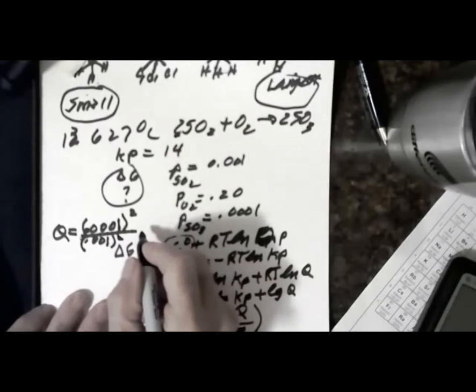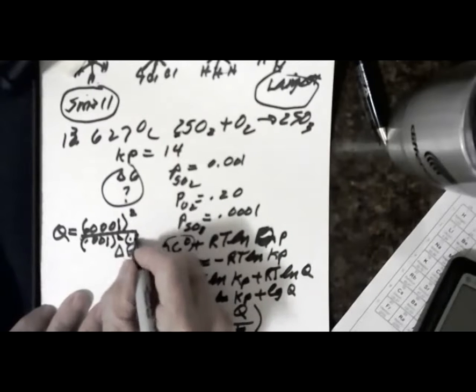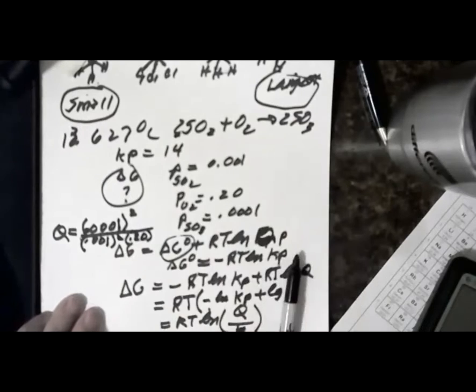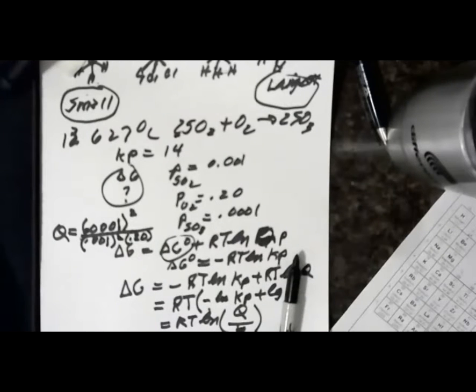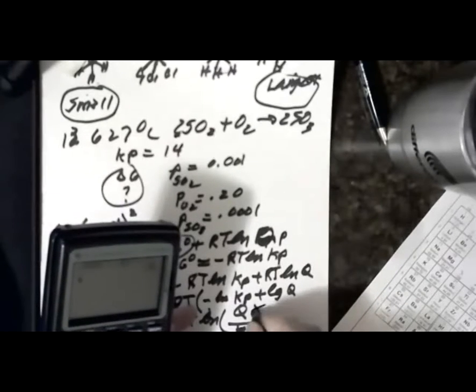And the pressure of the O2 is 0.2, and that's just to the first power. So let's see if we can do this. We get 0.0001 squared divided by 0.001 squared and divided by 0.2. Now, I didn't make some kind of mistake. This Q value is 0.05.